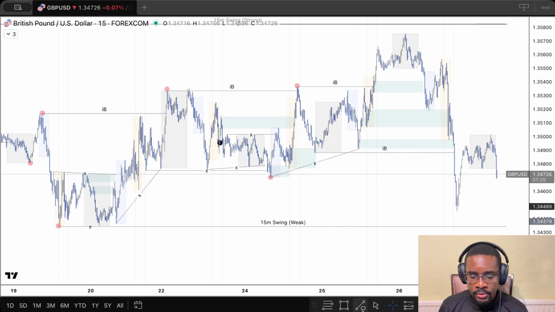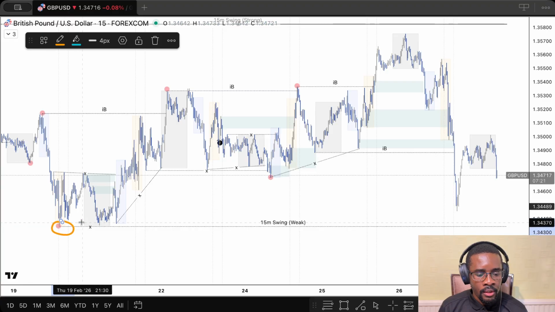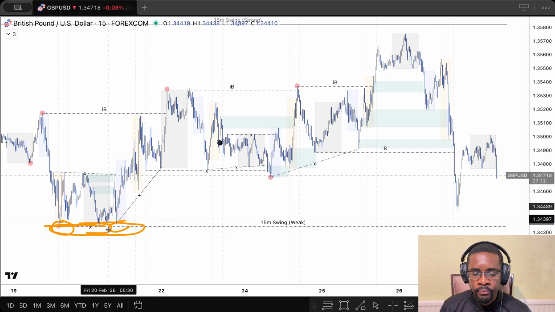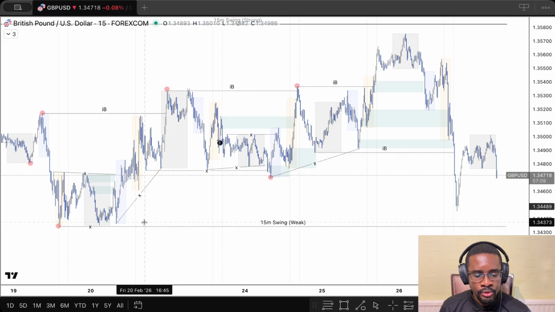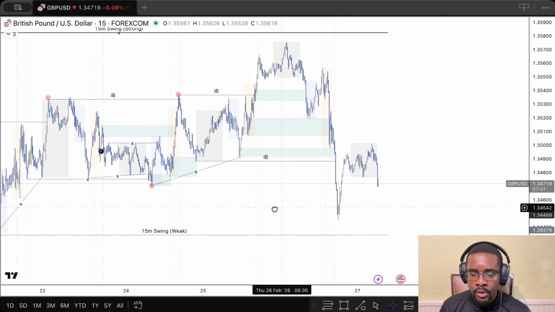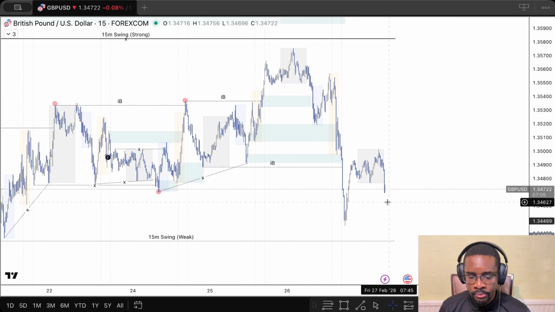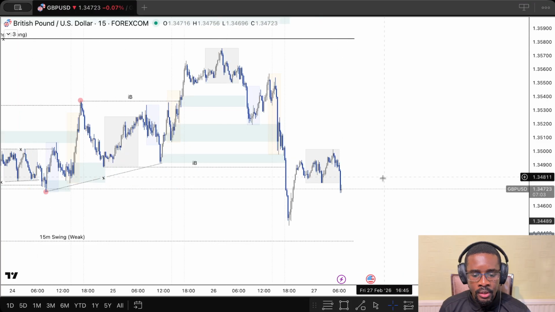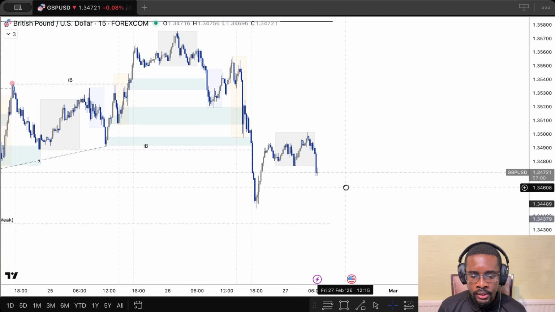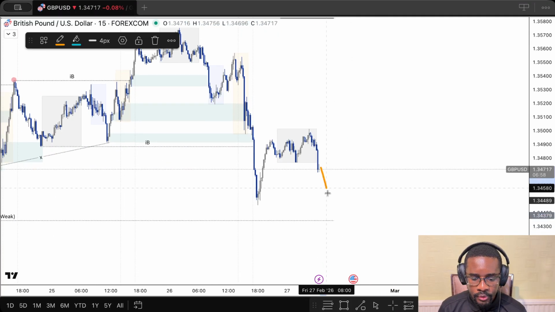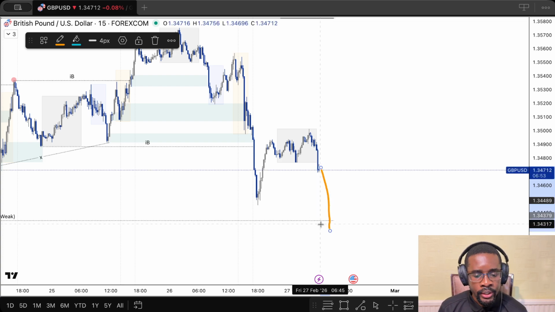Price could still come down because we do have New York low, Asia low, London low, all bunched up together down there. So this is likely to be a run over. For the pound, my expectation is that price will continue bearish, at least to take out this weak low.